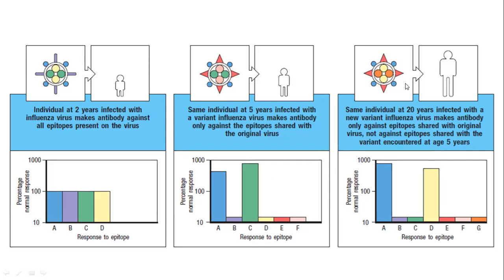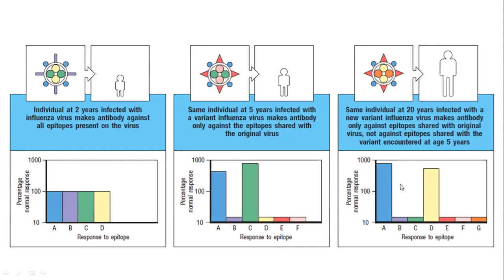And here again, after 20 years, this individual is exposed to a new variant of the same influenza virus. This variant again has slightly different epitopes on its surface, with a few similar epitopes to the parent variant.